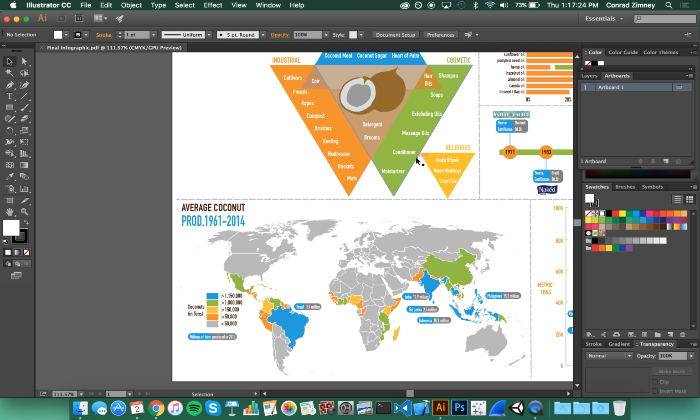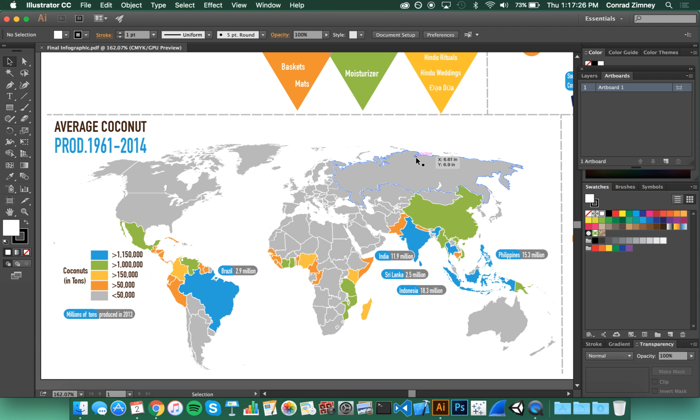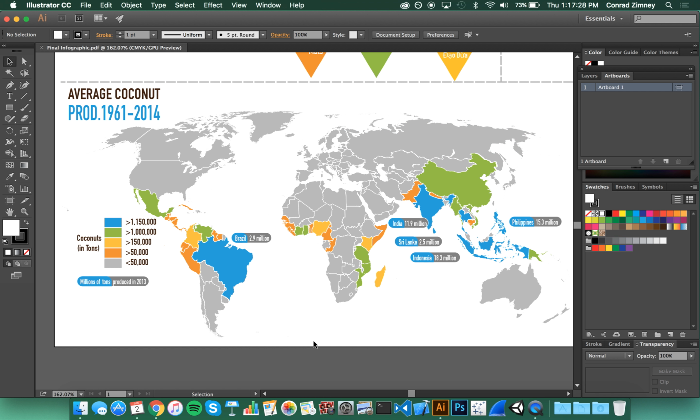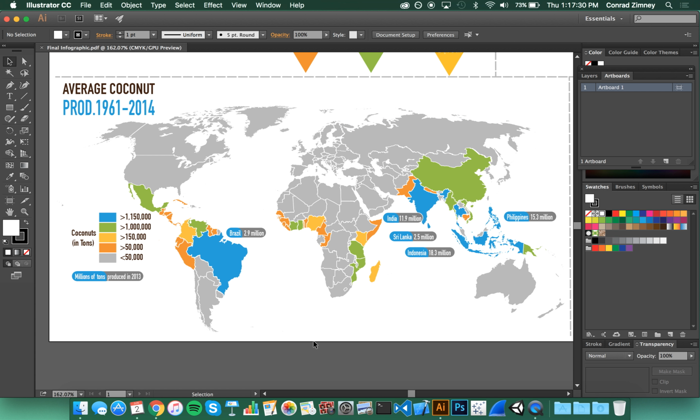All right, moving on to my location display. My location display here is showing the average coconut production from 1961 to 2014, and the legend here shows the color encodings for each amount of tons of coconuts produced in that given country.